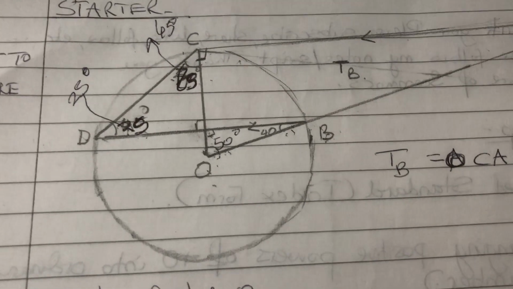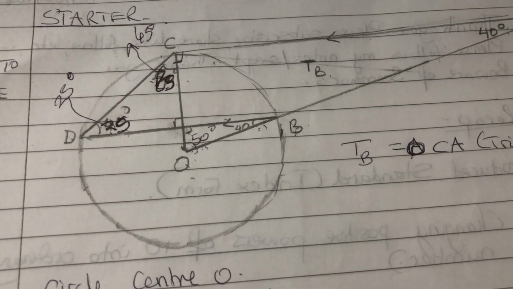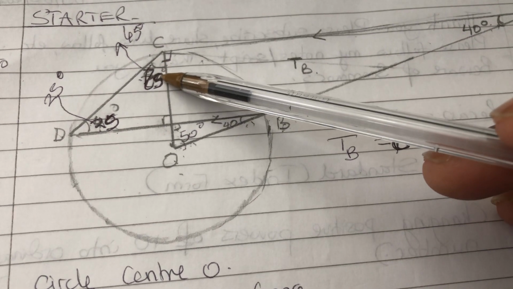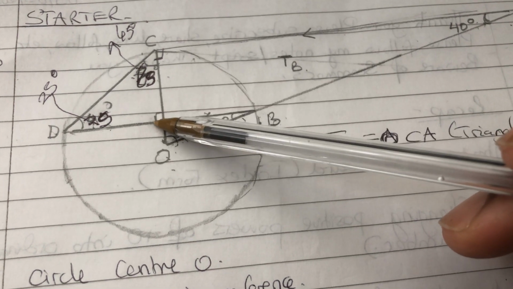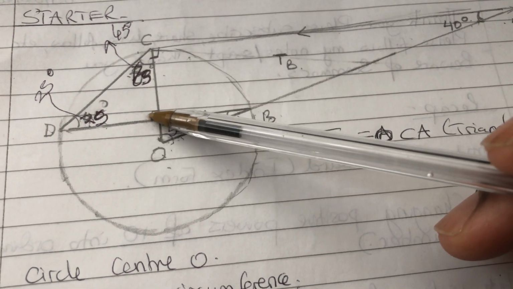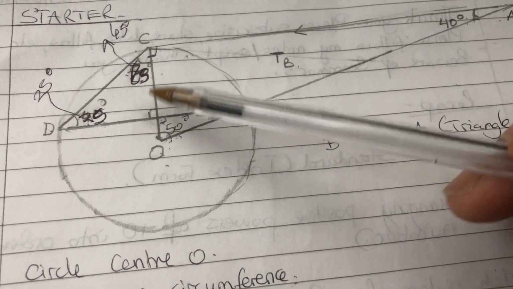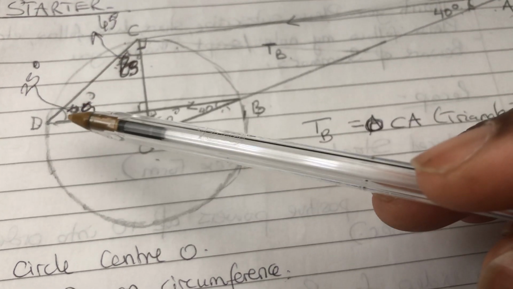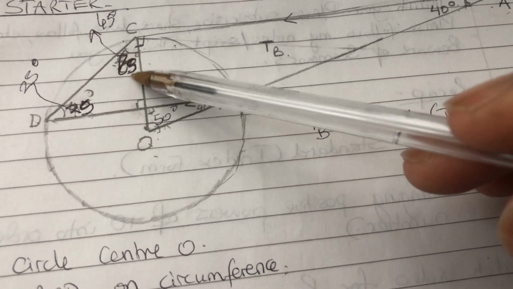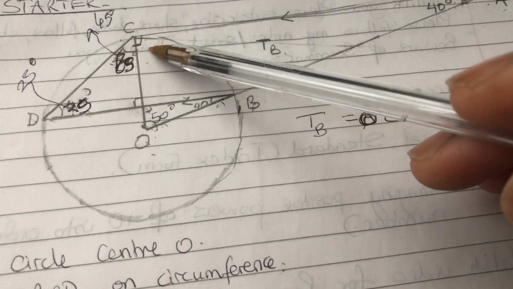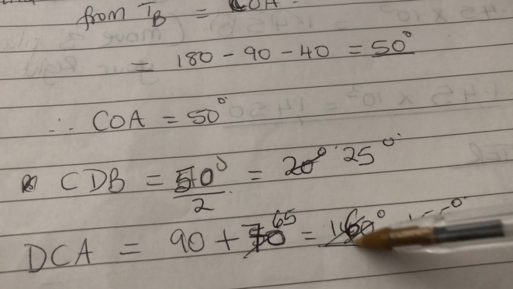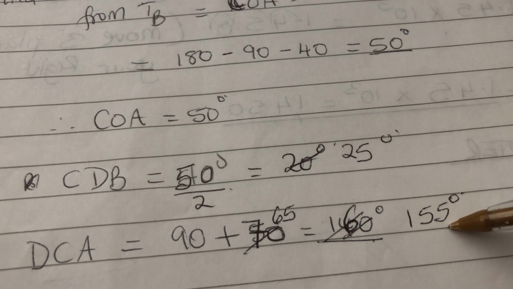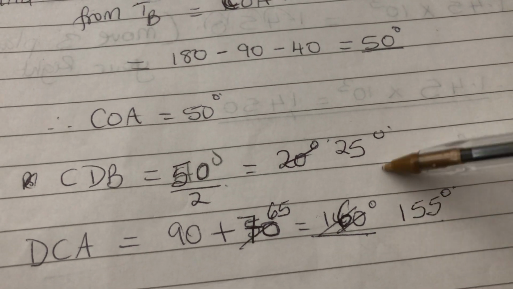Okay, please don't forget your unit. So if that is 65 and that's 25, and this one is 90 here, okay, because they meet at right angles, then what do I add to 65 plus 90 here? So here, 90 plus 65, okay, will give me 155.